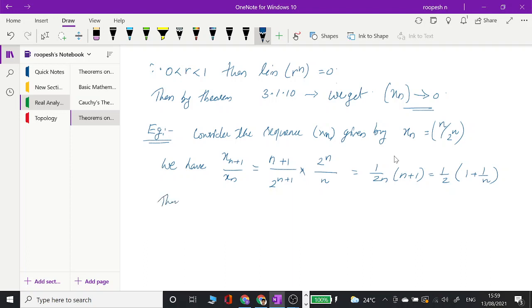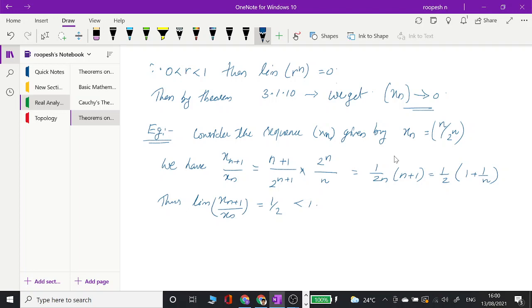Thus the limit of xn plus 1 by xn is equal to 1 by 2, which is less than 1. So we can use the previous condition.